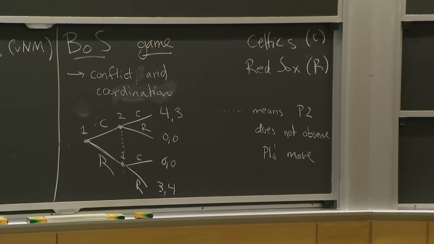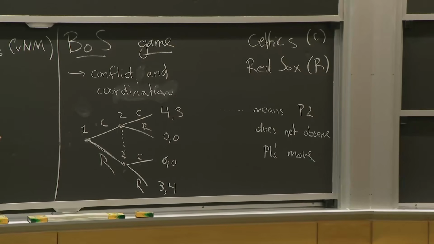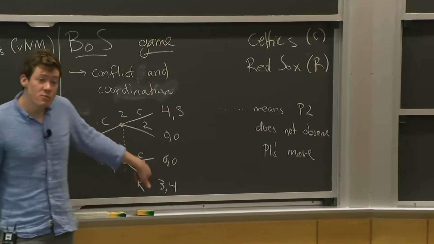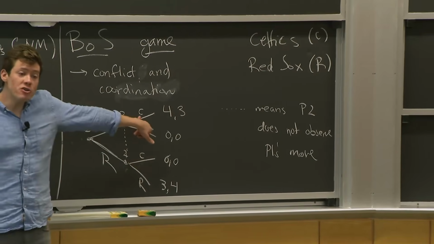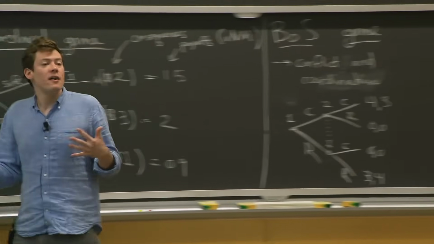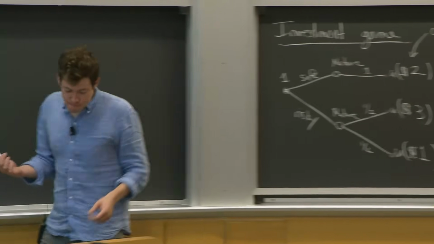So you can think of this essentially as a simultaneous move game. Technically, the way we wrote the tree, player 1 is moving first, and player 2 is moving second. But because player 2 doesn't get to see what player 1 does, it's effectively as if they were moving simultaneously.